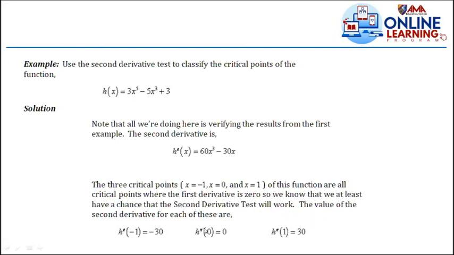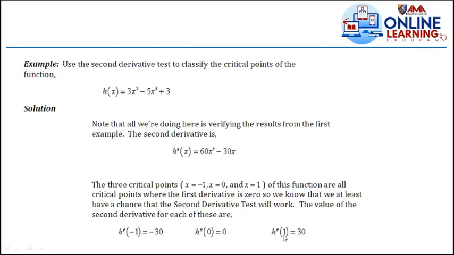So the values of the second derivative for each of these are: if x is equal to negative 1, the answer is negative 30. If h double prime at x equals 0, the answer is also 0.